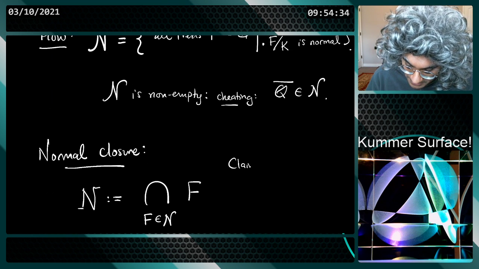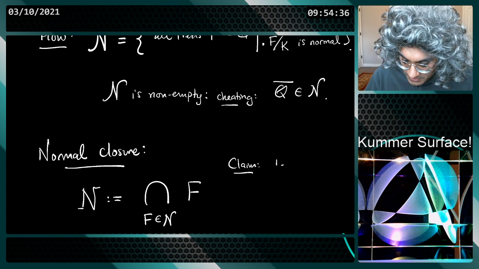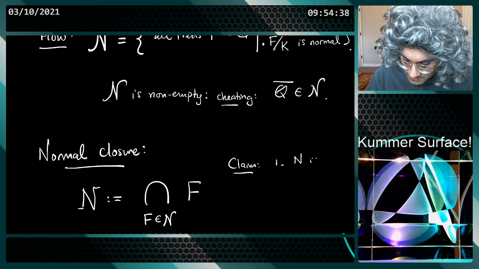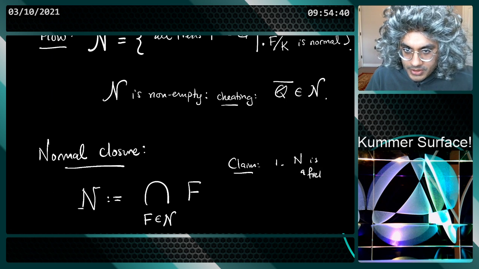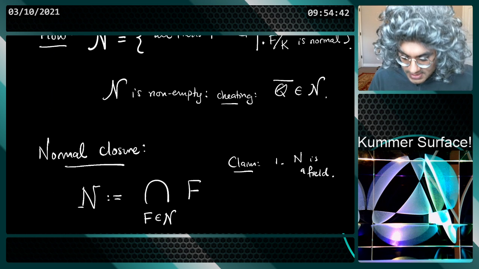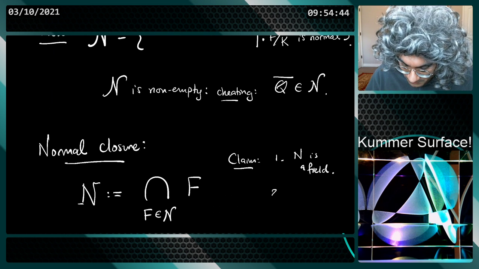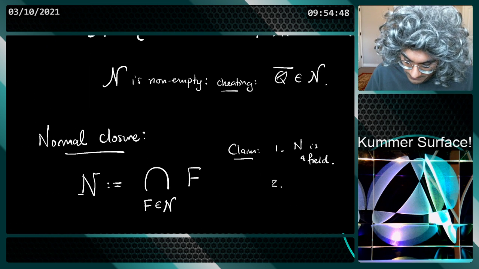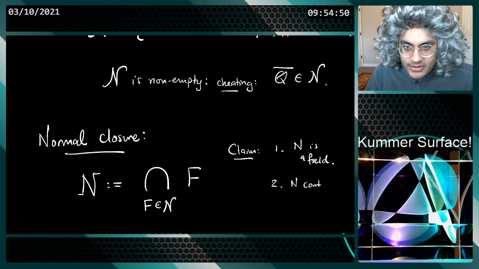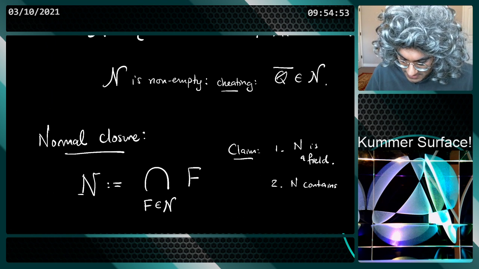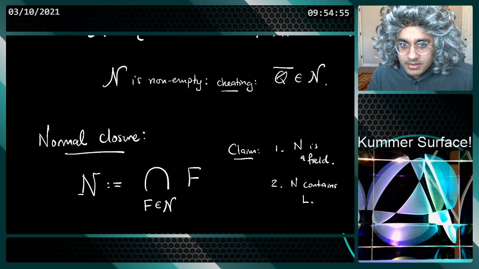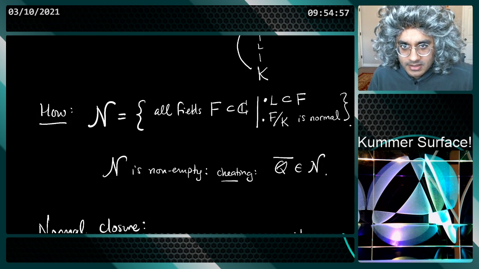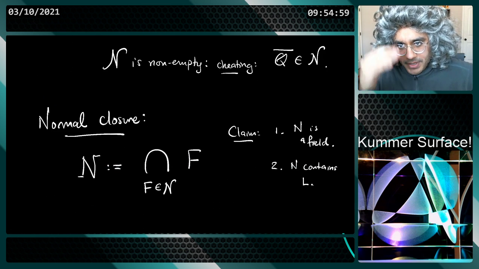So what's the claim here? This is a field. That is silly. I don't even want to. You do that. This is a field. 2. This contains L. Again, very dumb. Each of these contains L. All the F's contain L. Okay, so this is a bigger field than L.